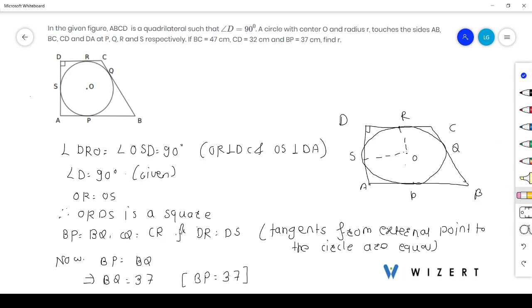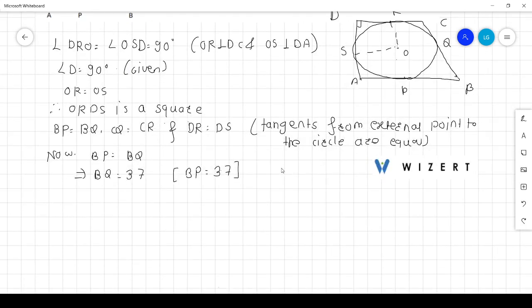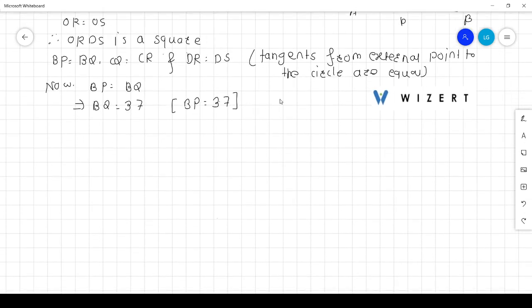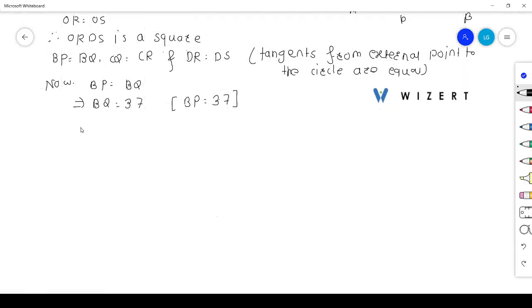Now this BQ is BC minus CQ. So BC minus CQ equals 37. We have given that BC is 47. So 47 minus CQ is 37. So CQ is 47 minus 37, which means 10 centimeters.